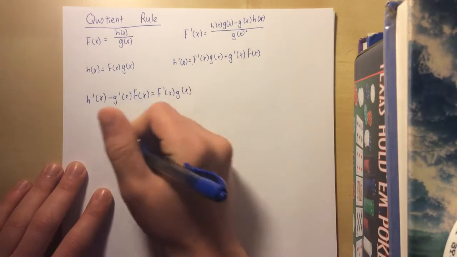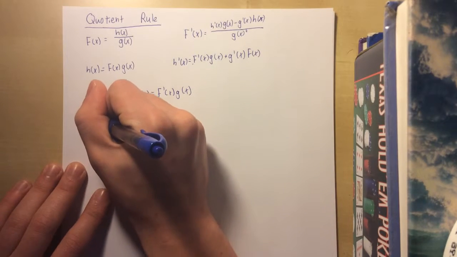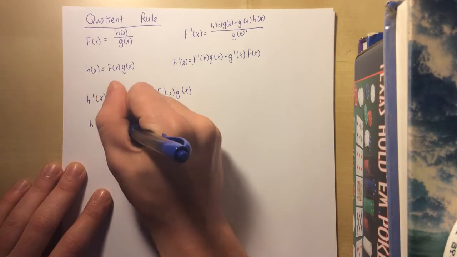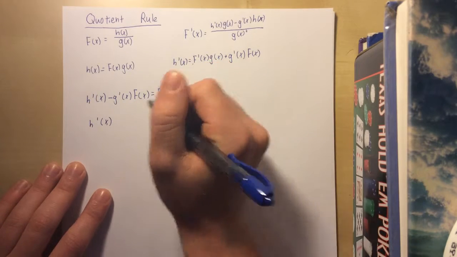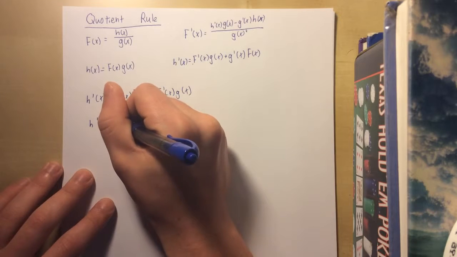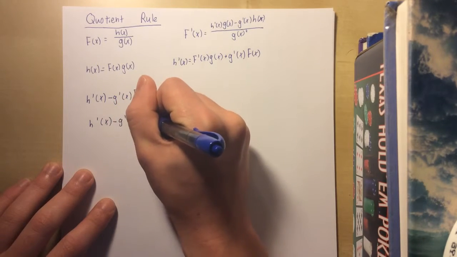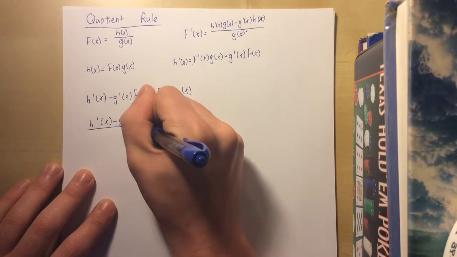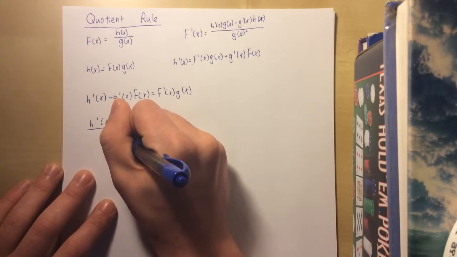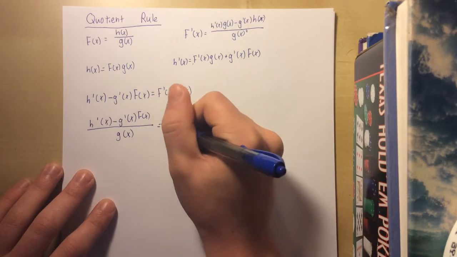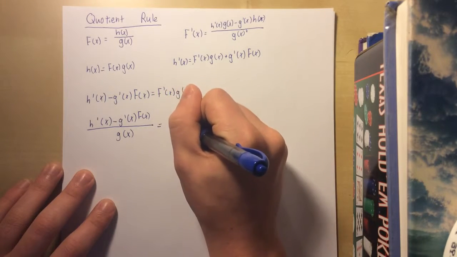Now I'm going to divide by this g of x. So h prime of x minus g prime of x, f of x, all over g of x is equal to f prime of x.